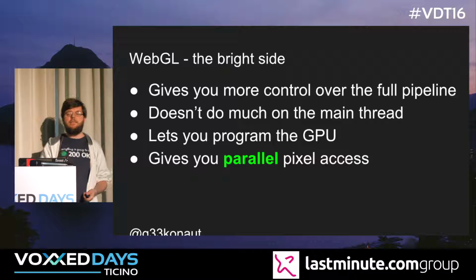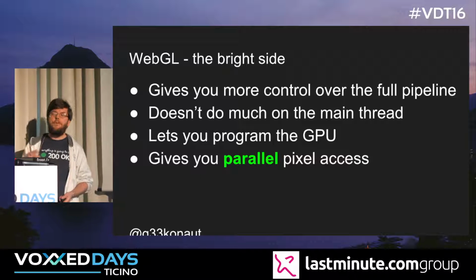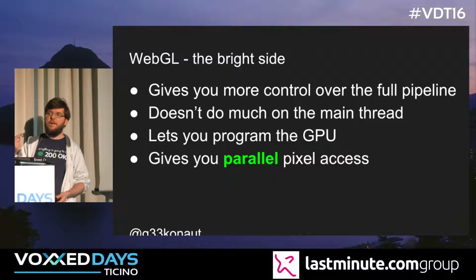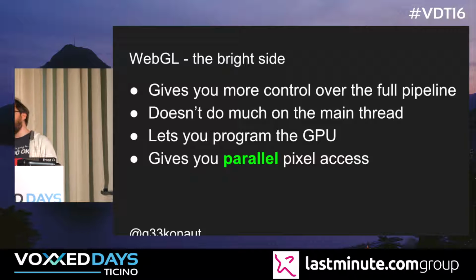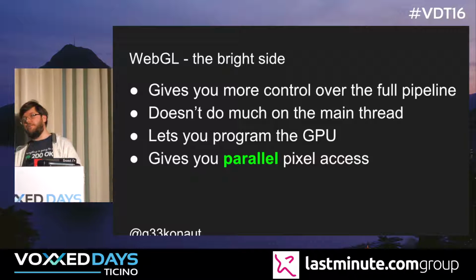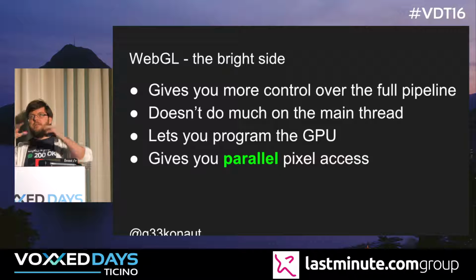And the biggest difference is it gives you parallel pixel access. If we remember the canvas stuff, I would have a for loop that draws pixels onto the canvas, which is bad because a for loop in a single threaded thing means everything happens one after another. That's stupid because we have an image, for instance, and pixel number 5 does not depend on any other pixel.